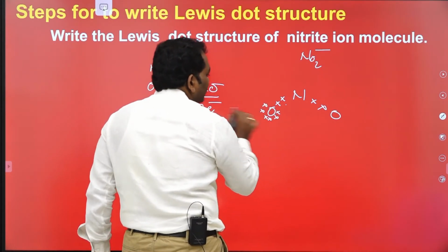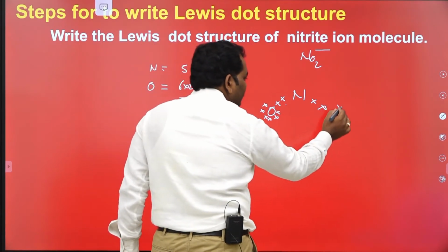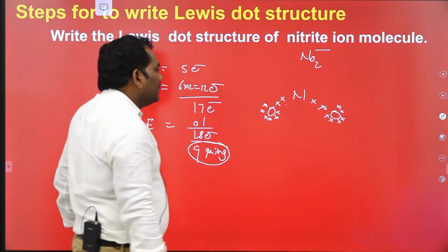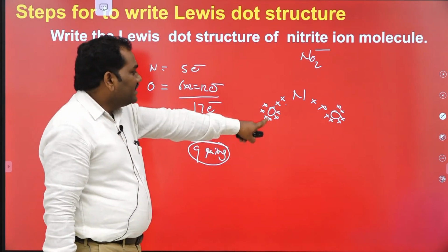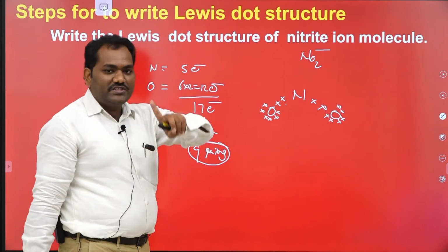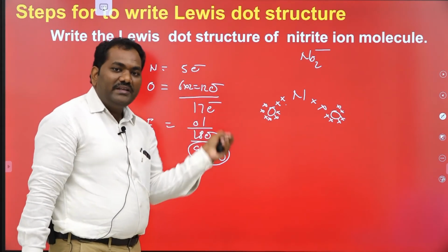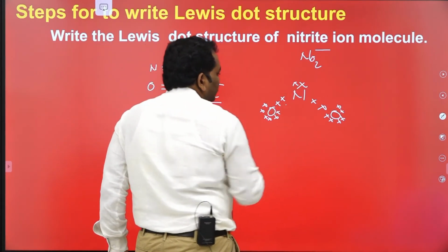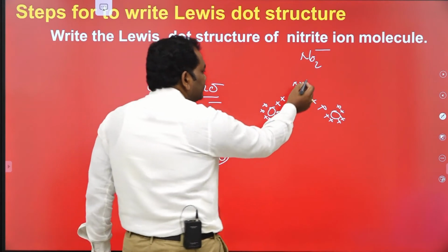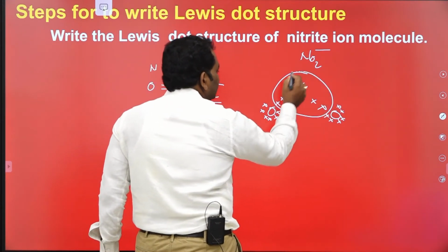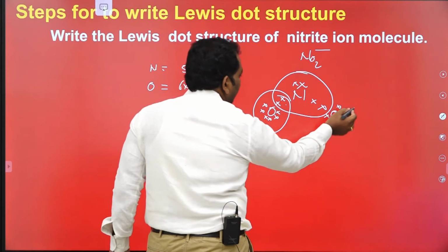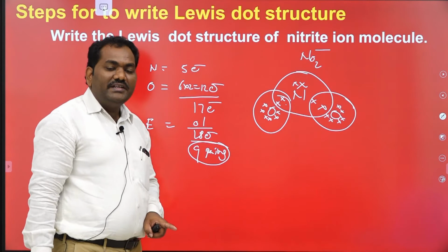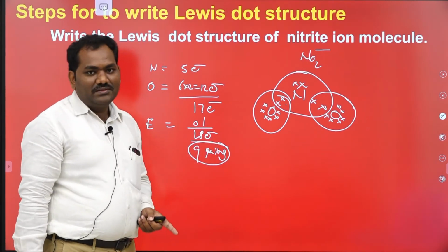This oxygen attains noble gas configuration. Similarly, here also I distribute the remaining electrons like this. So totally I distributed 4 pairs here and 4 pairs here, 8 pairs, and the remaining 1 pair is distributed to this nitrogen. But this nitrogen attains only 6 electrons, it needs 2 more electrons.